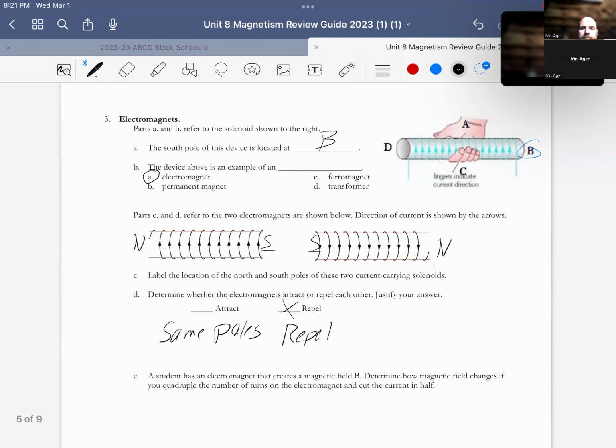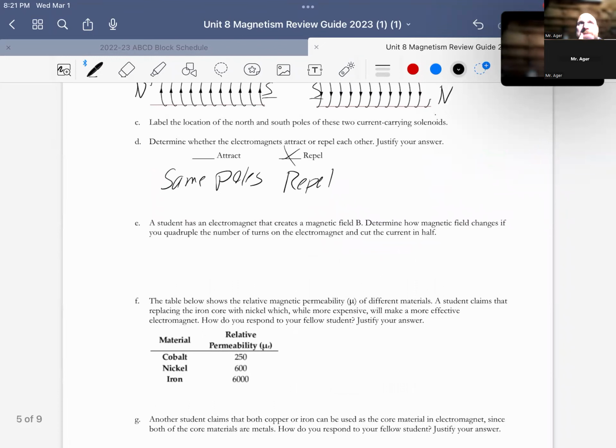All right, so now a student has an electromagnet that creates a magnetic field B. Determine how the magnetic field changes if you quadruple the number of turns and cut the current in half. So again, the B for a coil, this is from the sheet, is equal to the permeability of the core material.